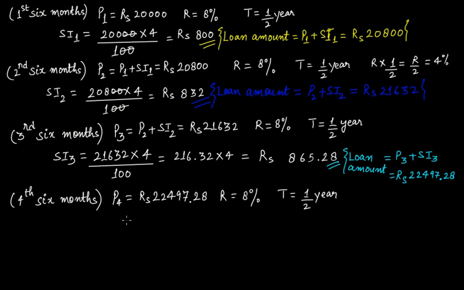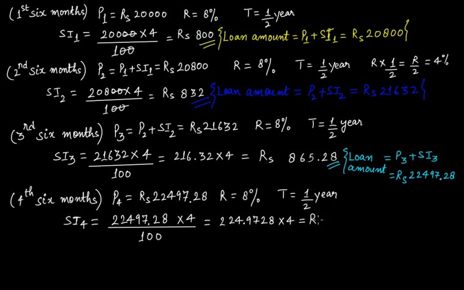So if you calculate this simple interest 4, you will get 22,497.28 multiplied by 4 divided by 100. So from here you get 224.978 multiplied by 4.